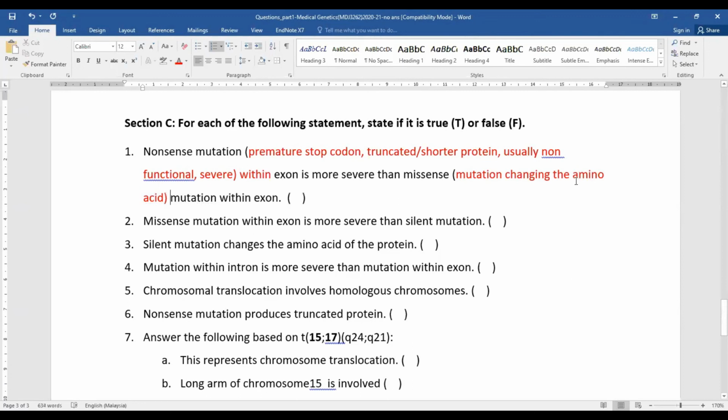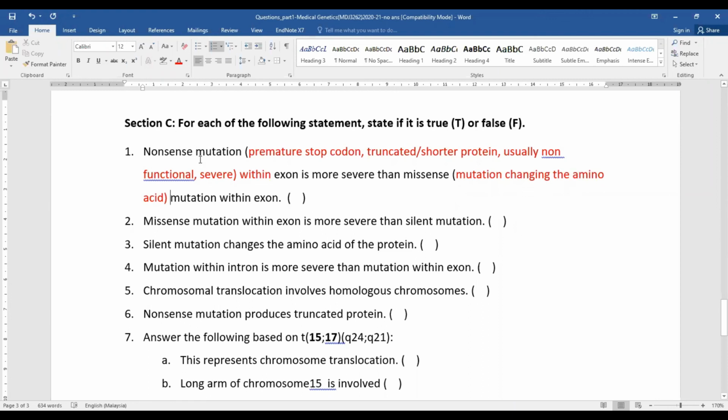Now, because the amino acid is being changed, how problematic or how severe or how deleterious it is depends on what amino acid is being changed, depends on which part of the protein. So it's very unpredictable. It can be a small amino acid changed to a big amino acid, so it may affect the protein function, but it can be at a part of the protein that is not so important for the function of the protein, then the protein may still be fine.